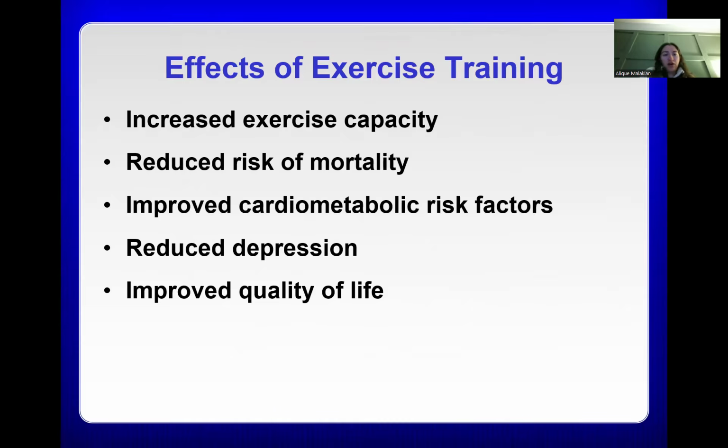Okay, so we talked about how the effects of exercise training are very similar to other conditions that we've talked about throughout this course. But in case you want a reminder, they can have increased exercise capacity, reduced risk of mortality, improved cardiometabolic risk factors, reduced depression, and improved quality of life. So we have covered all of these.